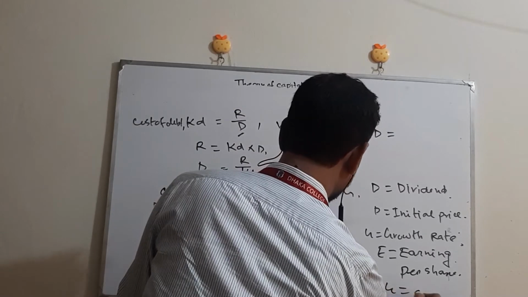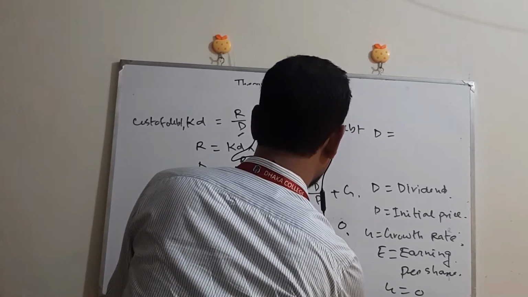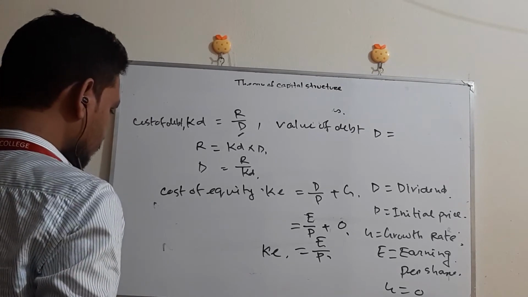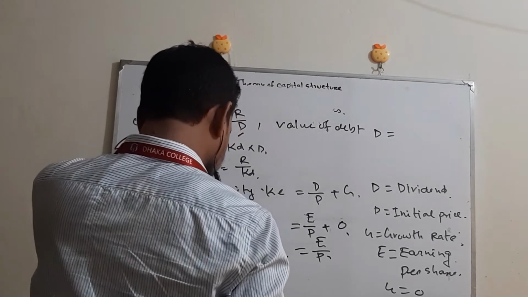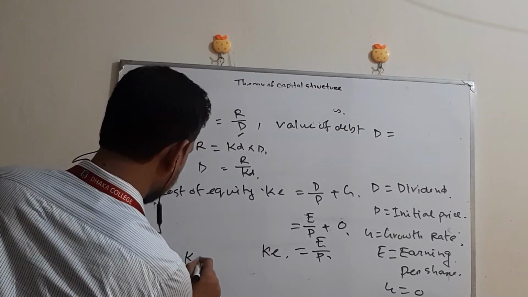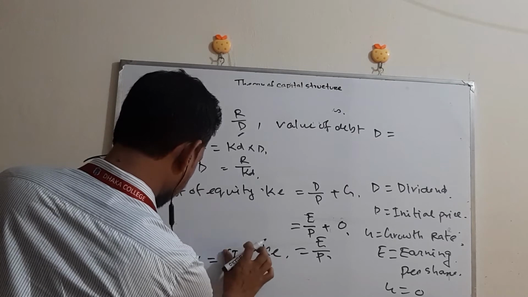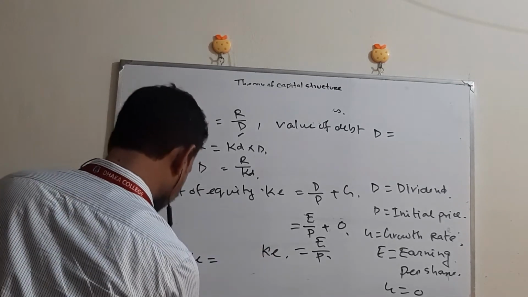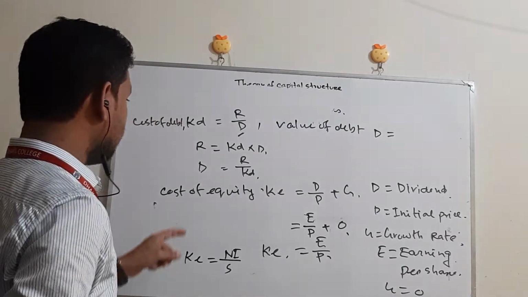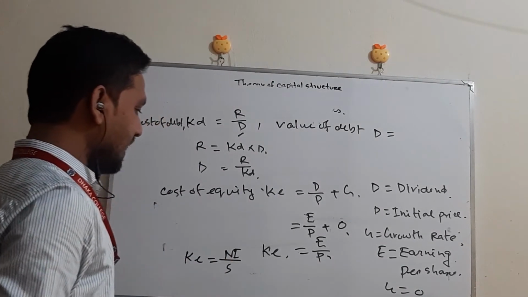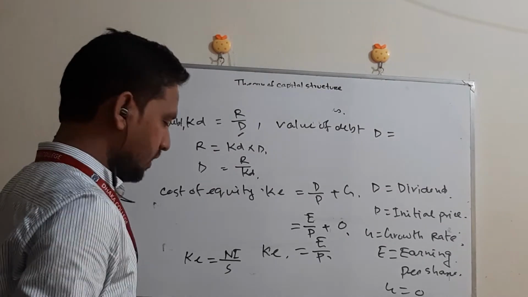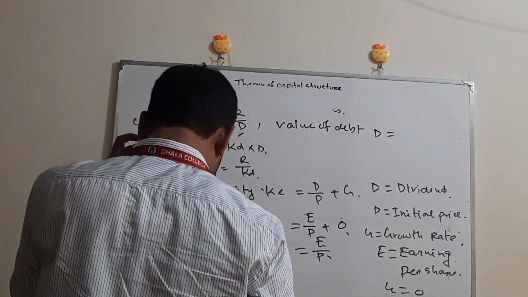Okay, here G equals 0, so it is E by P. So cost of equity equals E by P, or cost of equity equals NI by S: net income divided by S. Here S means the value of the equity, or the total value of the shares.